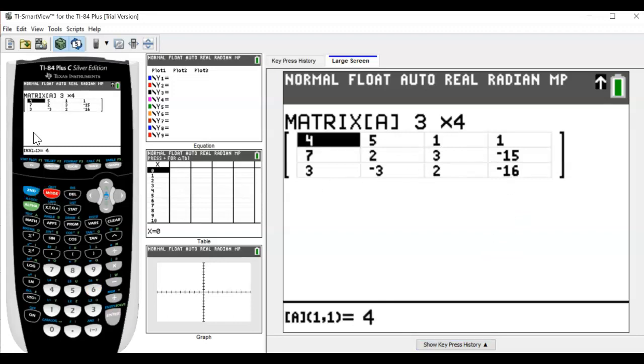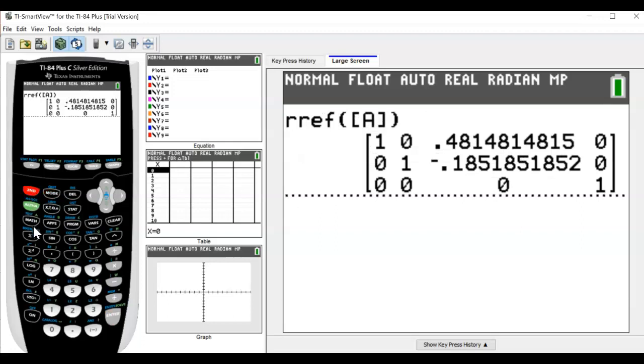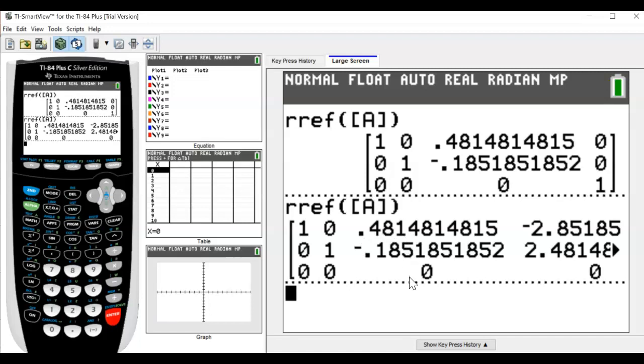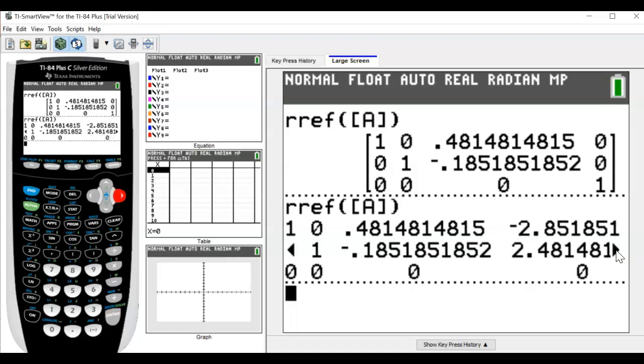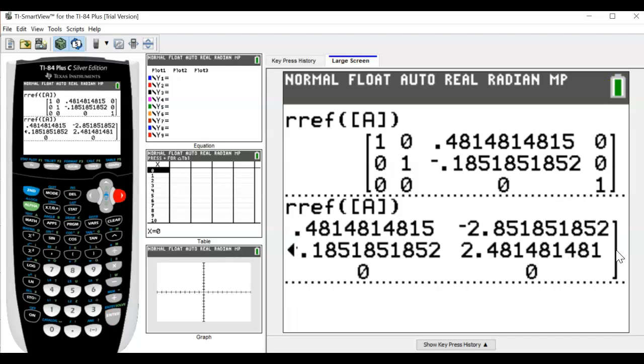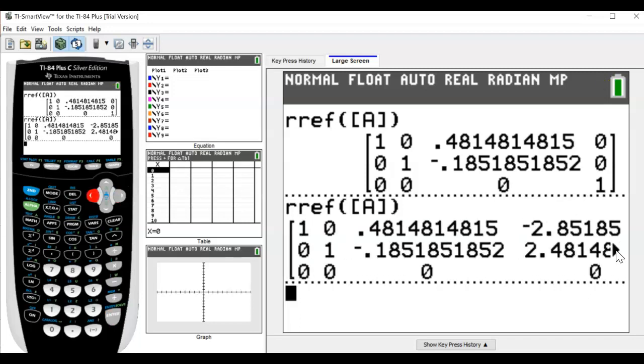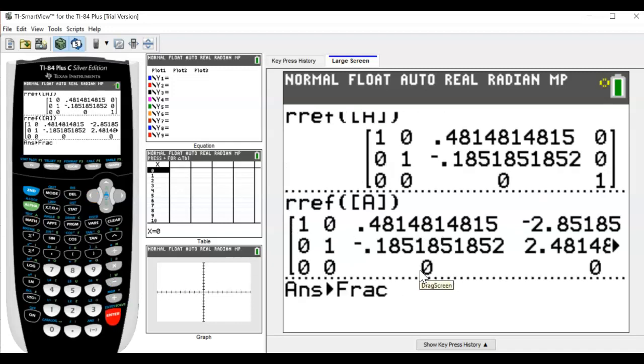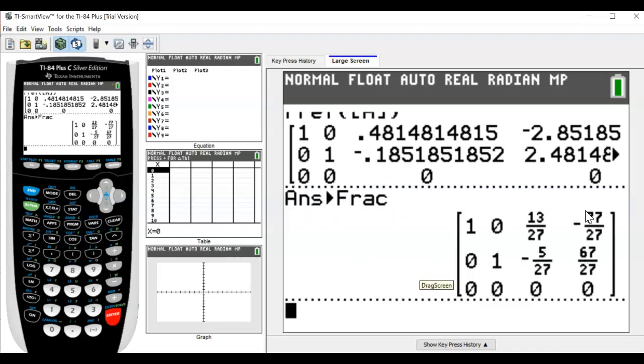And then we can go back to the home screen, do our standard trick of row reducing matrix A, and all of a sudden we get a matrix that does have a solution. In fact, it has infinitely many solutions. So our matrix has a solution. Here it is in fraction form, and there it is.